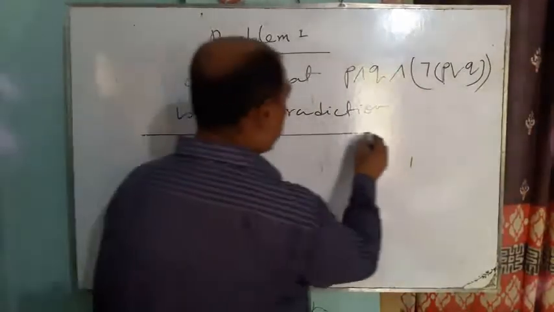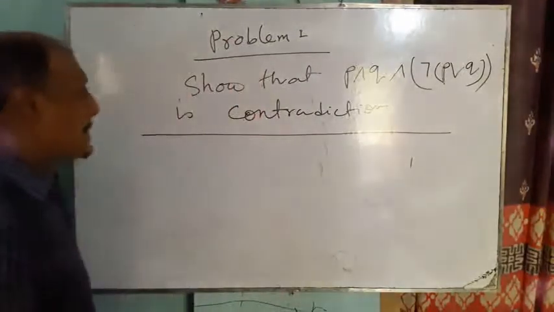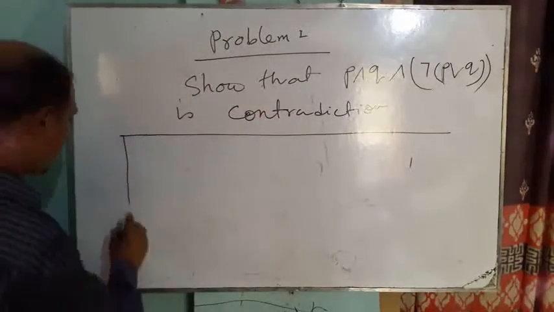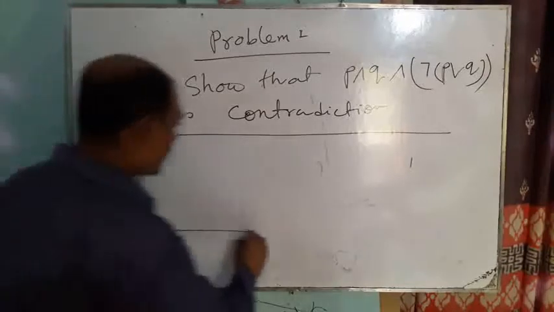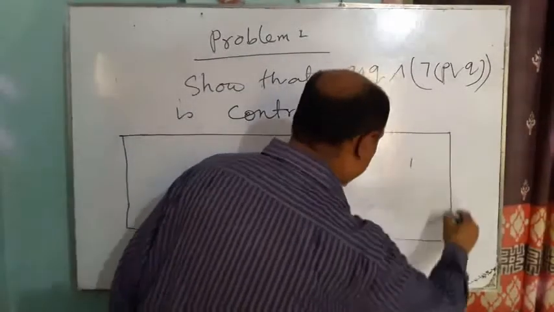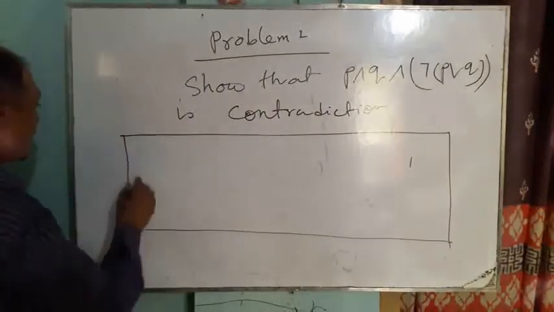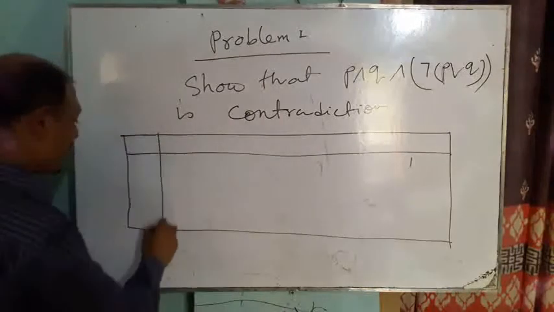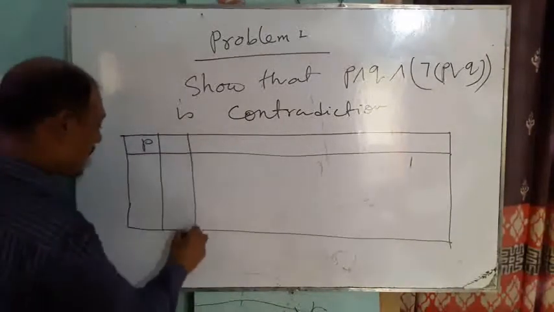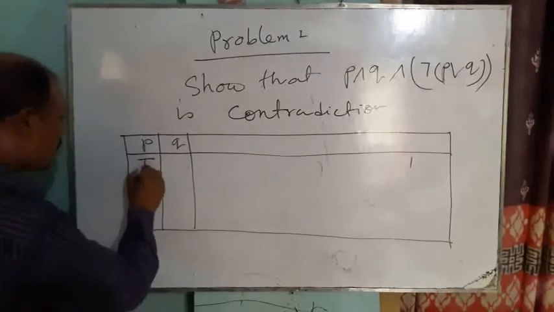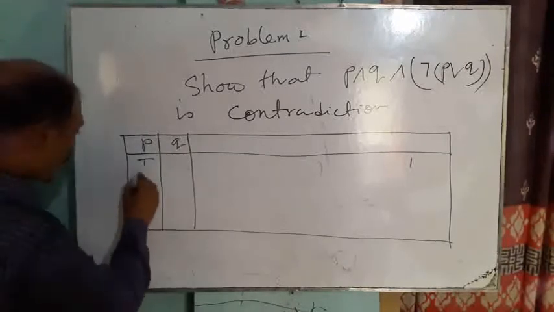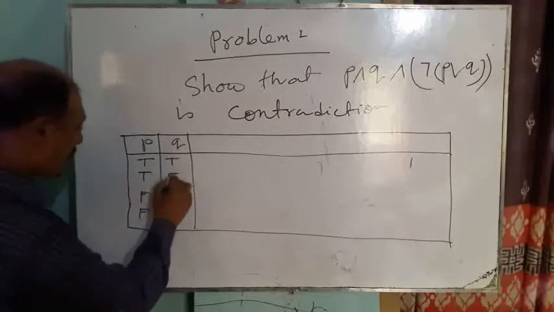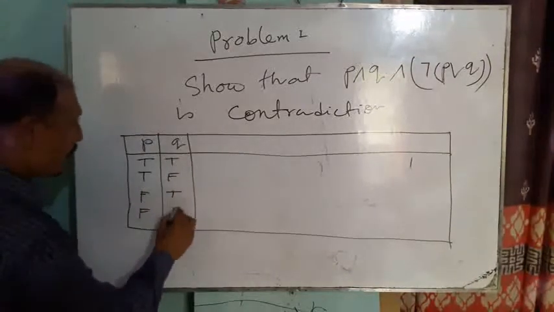Let P and Q be propositions: true, true, false, false; true, false, true, false.